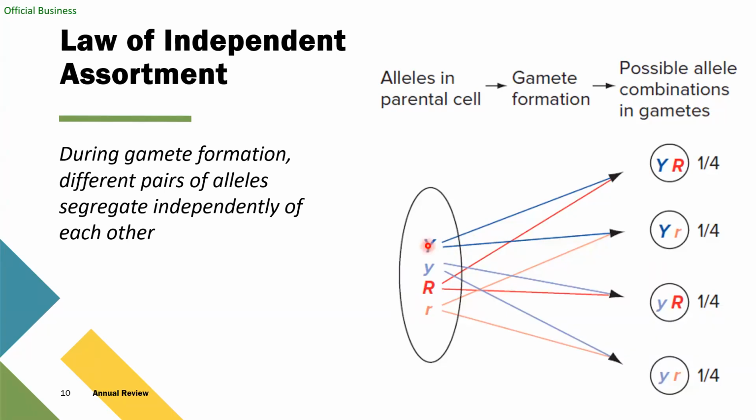So if you have two traits, you get four different combinations. If it's three different traits, you will get 2 raised to 3, 8 different combinations. These are the possible allelic combinations according to the law of independent assortment, and whatever those combinations might be, they will be passed on to the offspring.